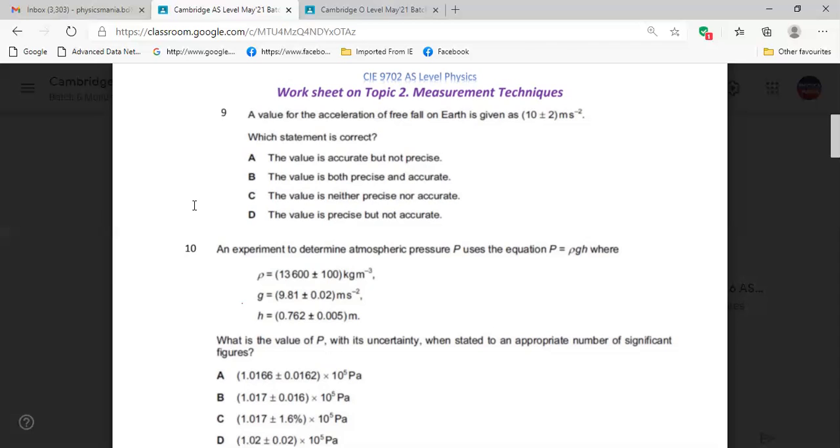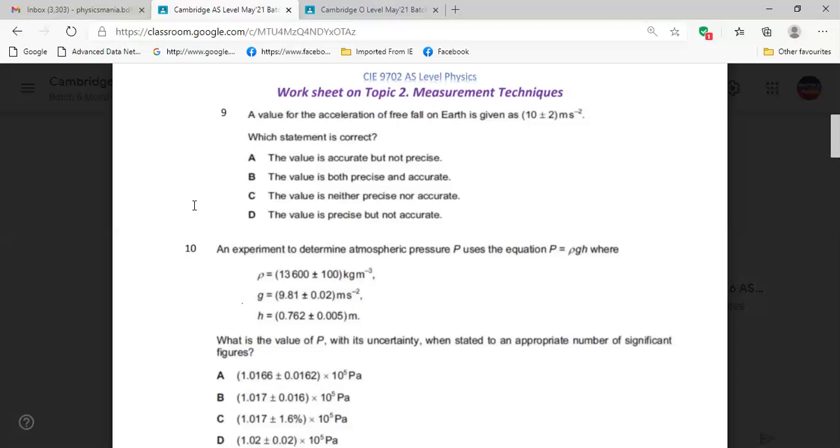The value is accurate. Why is it accurate? Because if you are taking plus 2, that is 12. If you are taking minus 2, it's 8. So the true value, the original value is within the range, isn't it? 8 to 12, it will be available.